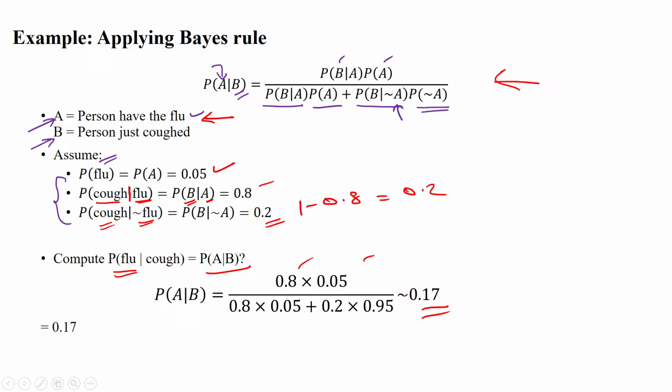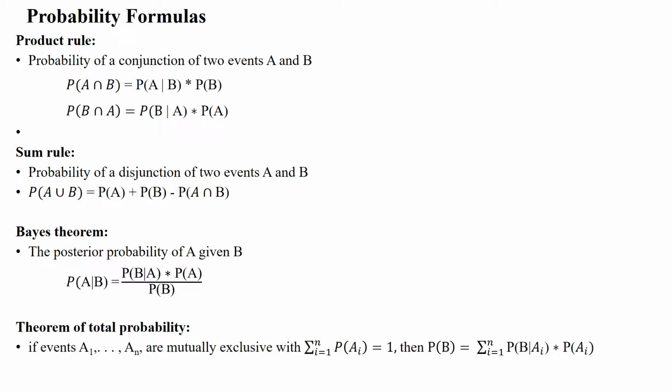Now the probability rule: the probability of conjunction of two events A and B. Here we can say probability of A intersection B is probability of A given B multiplied with probability of B. This is called the product rule.